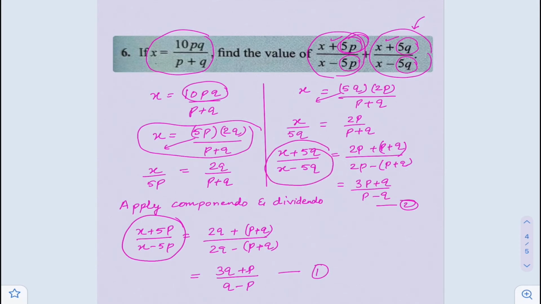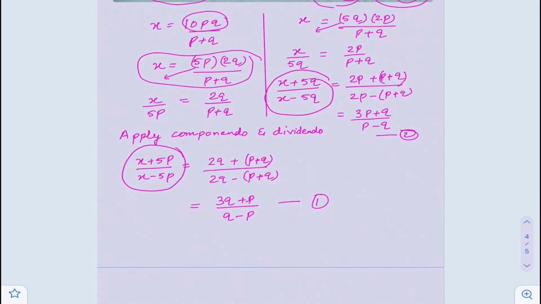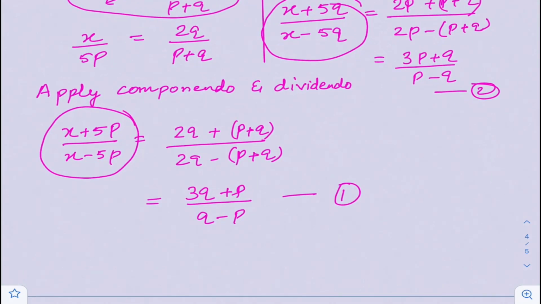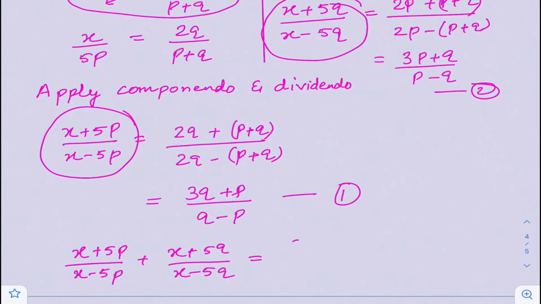Now we have to add them. x plus 5p upon x minus 5p plus x plus 5q upon x minus 5q equals (3q plus p) over (q minus p) plus (3p plus q) over (p minus q).